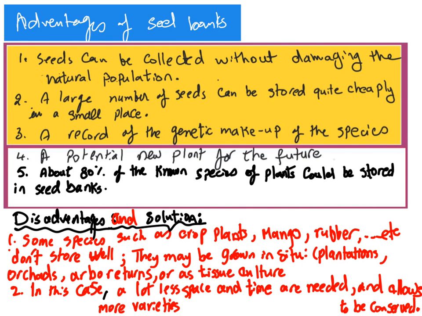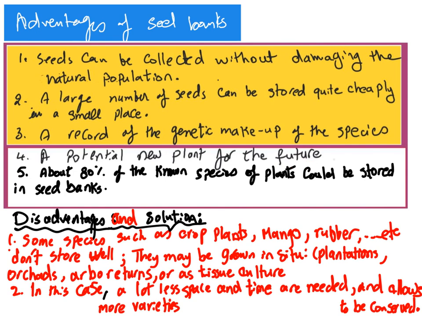plant. Third, a record of the genetic makeup of the species will be kept. So we have data for the genetic makeup of all species of plants that exist so far in the world. Four, potential new plants for the future.